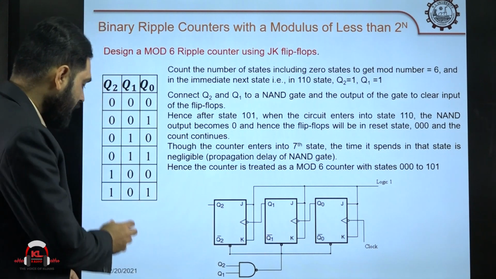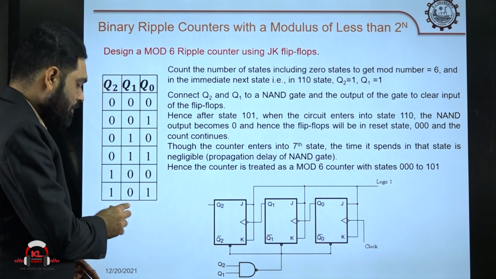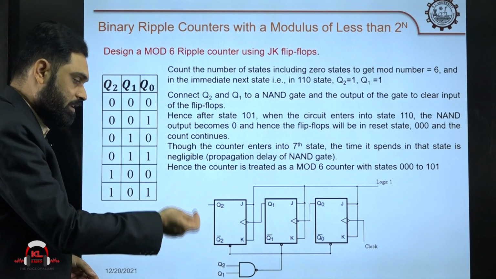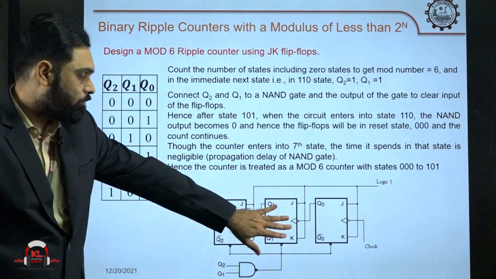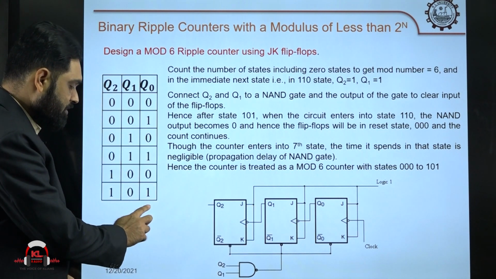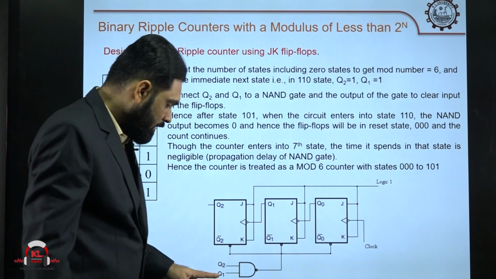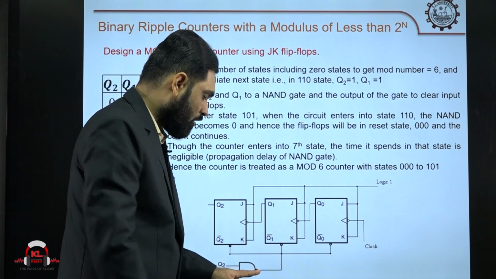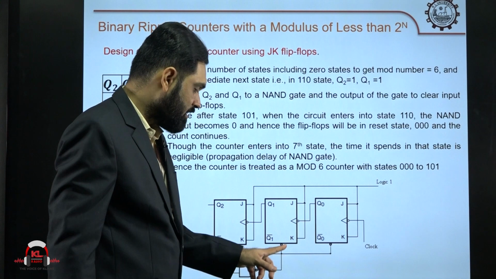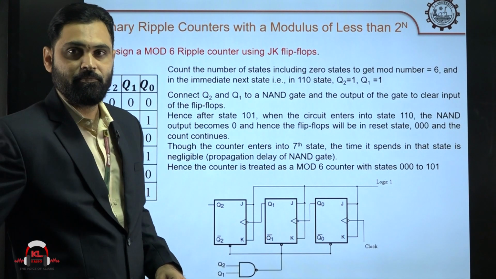Intentionally, whenever Q2 and Q1 become 1, in that case we are going to clear the flip-flop. When this becomes 110, the NAND gate output will become 0, and this 0 will go to all the clear inputs and the flip-flop contents will be erased.